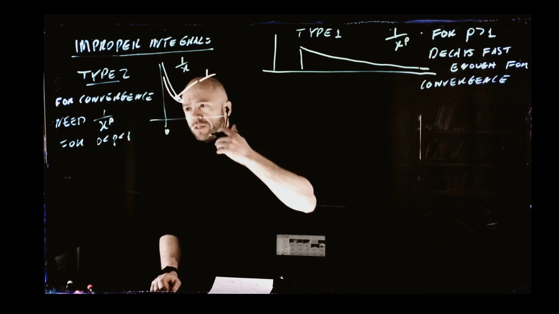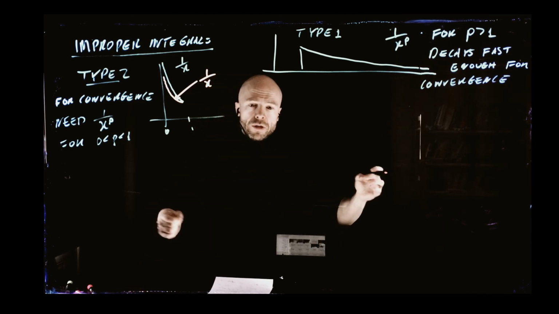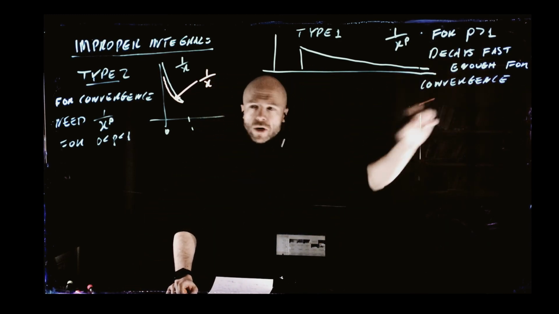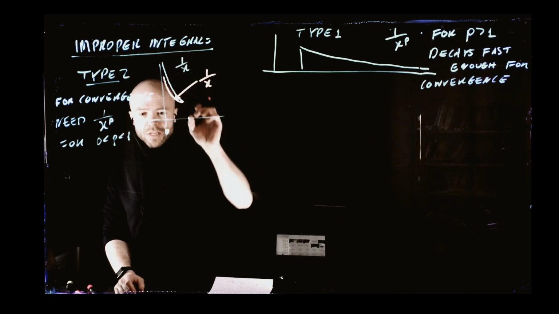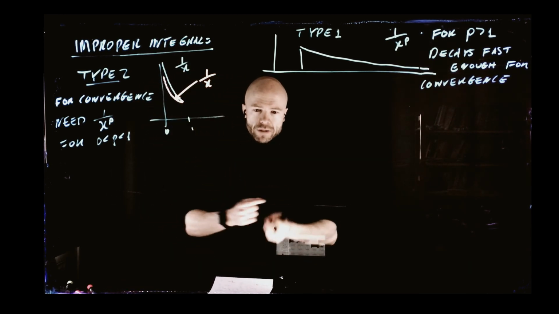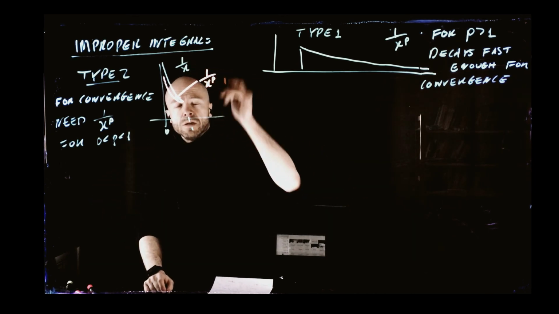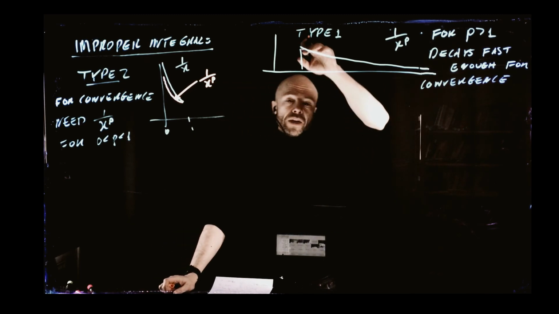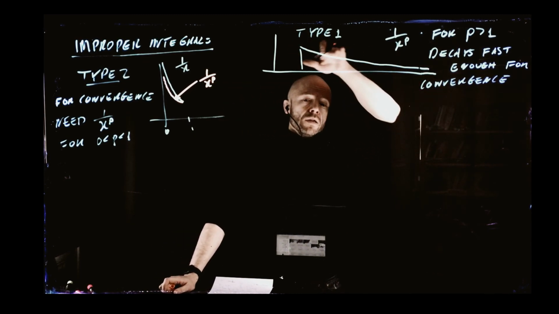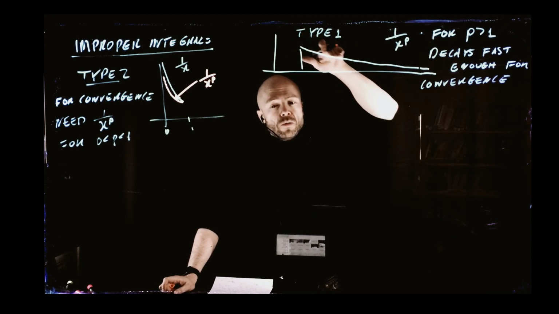So when we think about these questions, the first thing we'll do is to look at the growth, either the growth towards infinity for type 1 or the growth upwards towards infinity as you approach the singularity in type 2, and ask ourselves, is it in this case blowing up faster or equal to 1 over x? In this case, is it decaying more at the rate of 1 over x or more slowly?